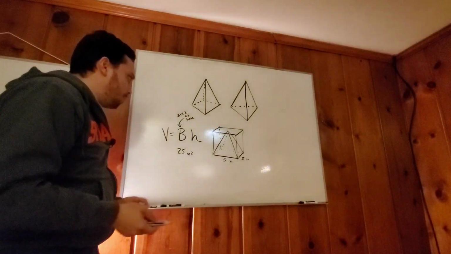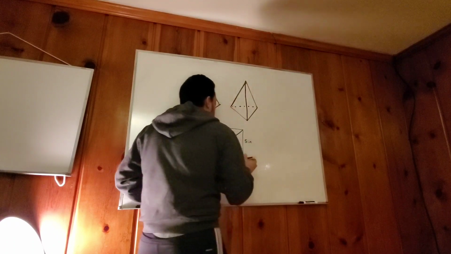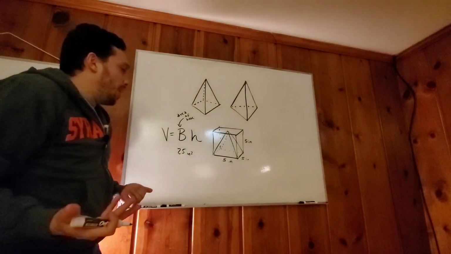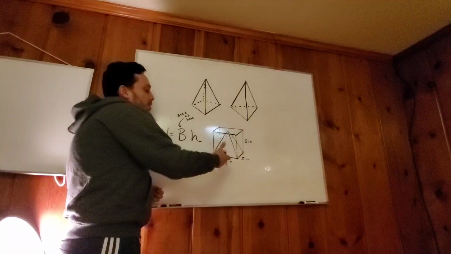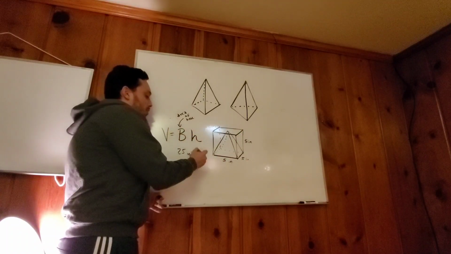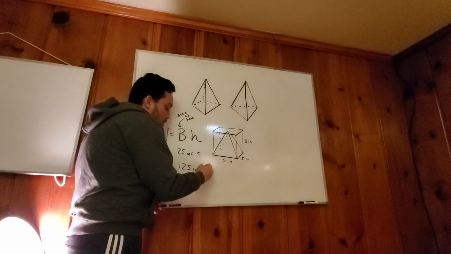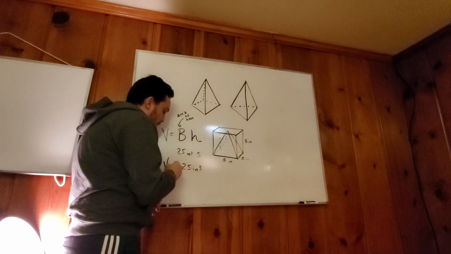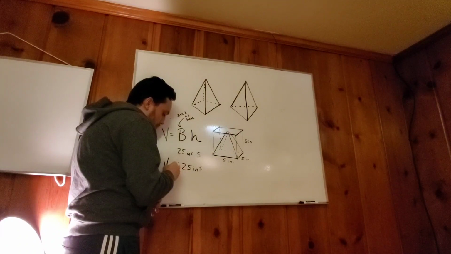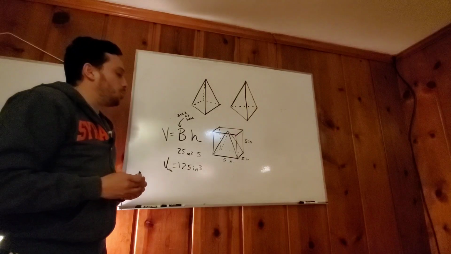The height here is 5 inches. So we have 5 inches by 5 inches by 5 inches, which gives us the volume: 125 inches cubed for the cube.